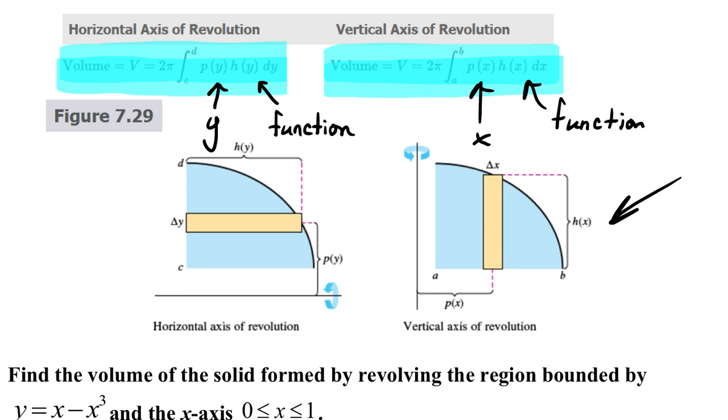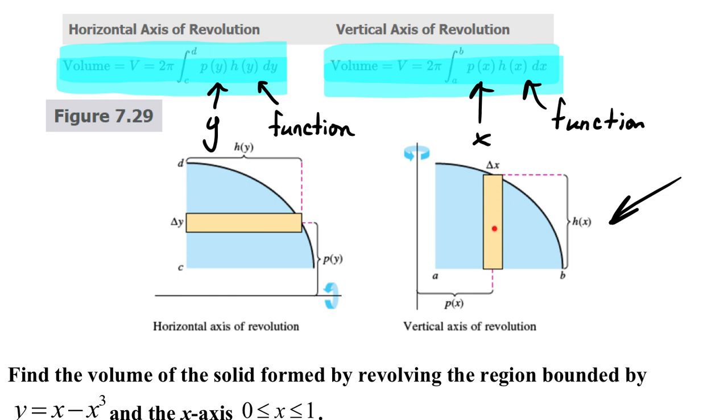If our problem involves a vertical axis of revolution, then we'll calculate volume as 2 pi integrating from A to B. The other one we integrate C to D. You always integrate opposite of your rectangle. So if your rectangle is going left to right, you'll integrate up and down.